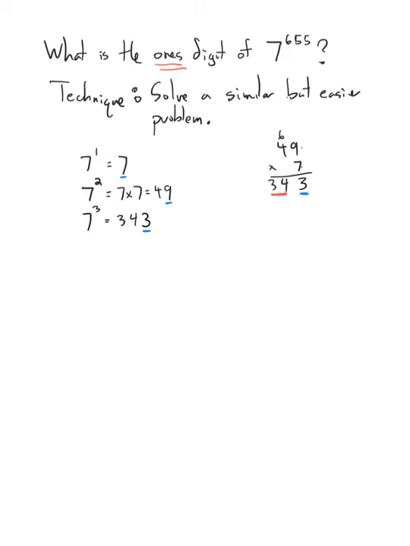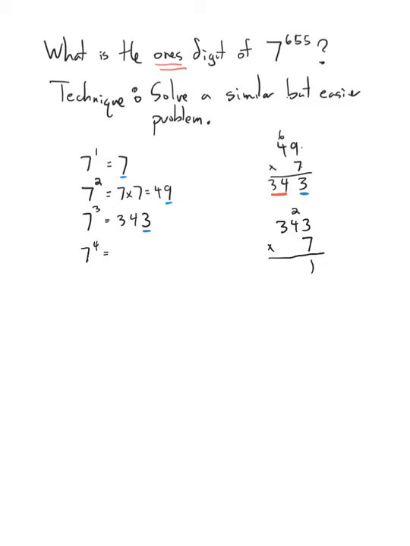Let's do the next one, 7 to the 4. So that's going to be 343, or 7 times 7 times 7, that's 7 cubed times 7. Now, what's the ones digit going to be? 3 times 7 is 21. Carry 2.